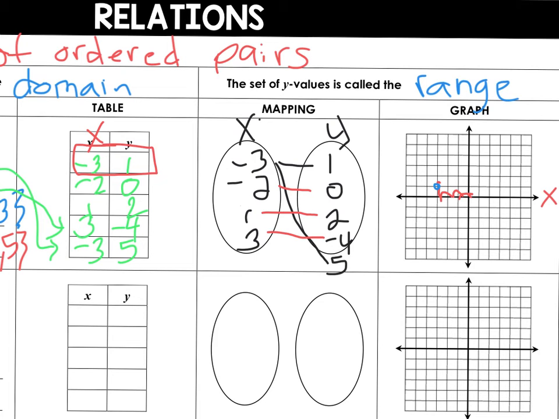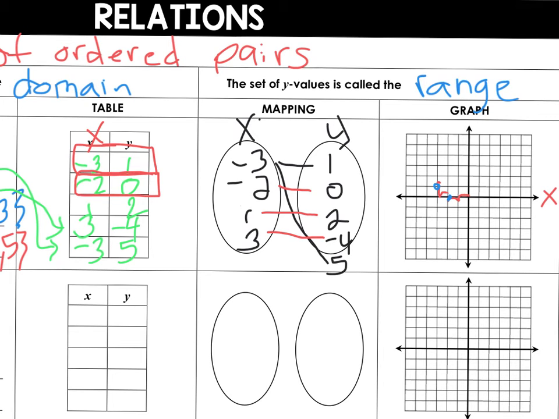So now I'm going to do the next ordered pair, which is -2, 0. So in order to do that and make it make sense, I'll erase that for you guys. So now I'm just going to go 1, 2, -2, and it stays right there on the 0. So let's put our point there. Yep, there we go.